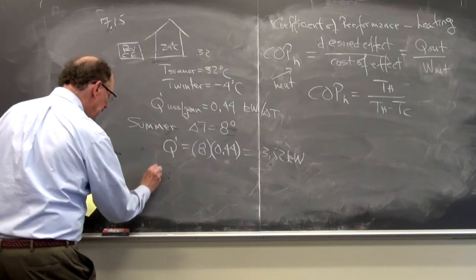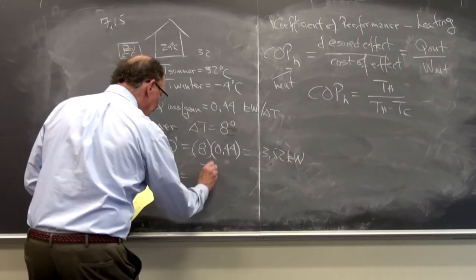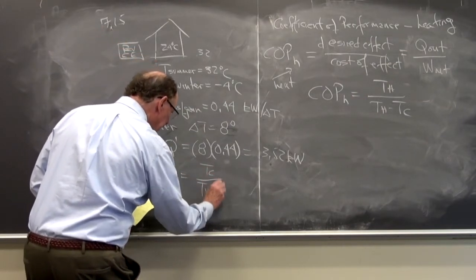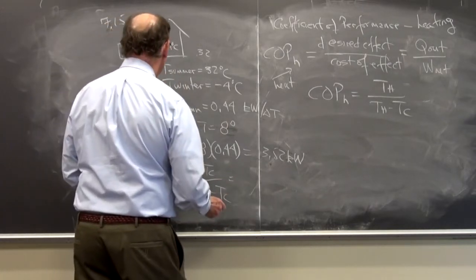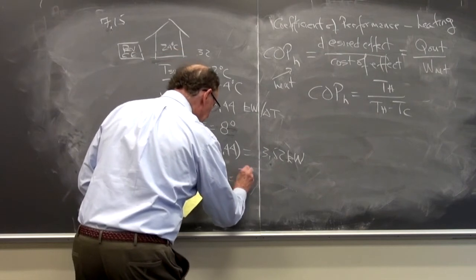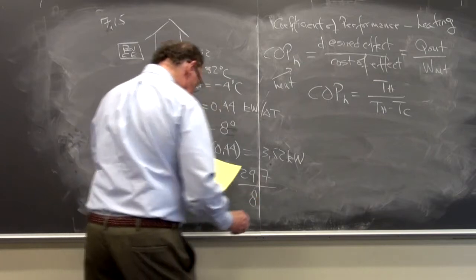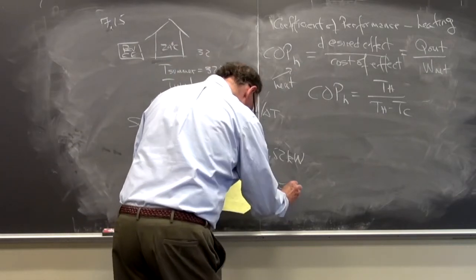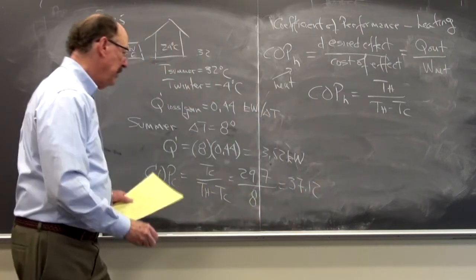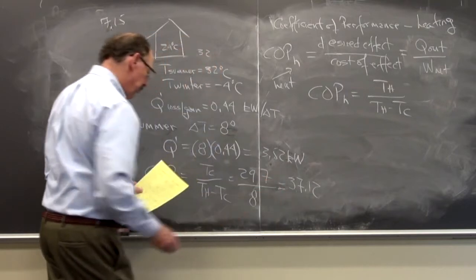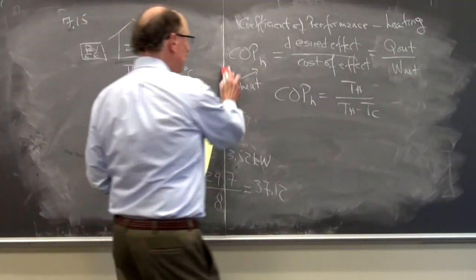So COPC is equal to TC over TH minus TC. And TC is 297. And the difference is 8. So this coefficient of performance is 37.12. So it's a very high coefficient of performance, but be that as it may. And then I can solve for what the power would be needed.